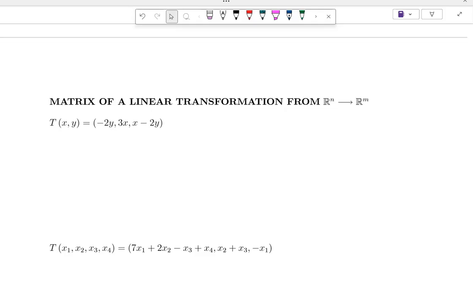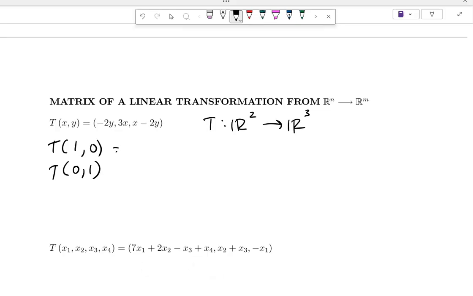What's your input space and what's your output space? Yeah, it's R2 to R3, right? Let's first just apply the transformation to the standard basis vectors. Standard basis for R2 is 1, 0 and 0, 1, right? What do you get when you apply the transformation to 1, 0?